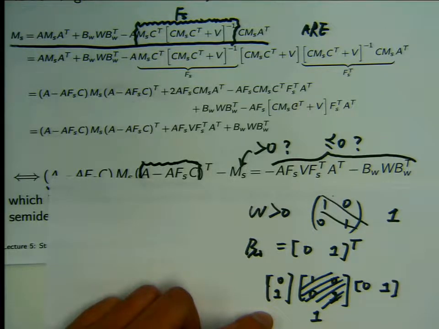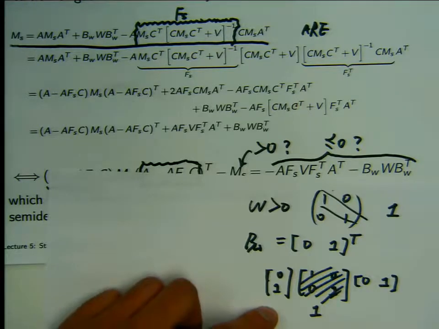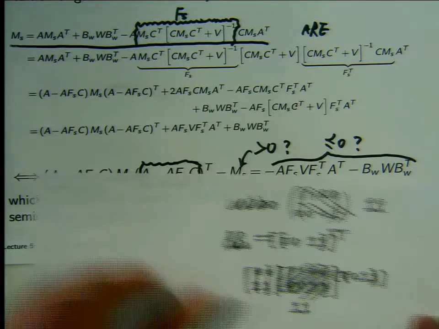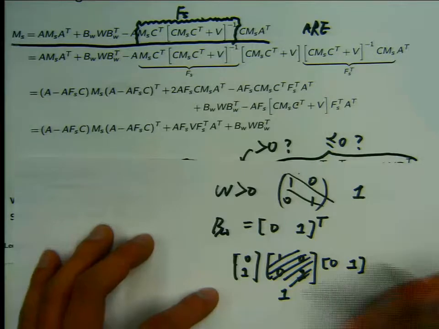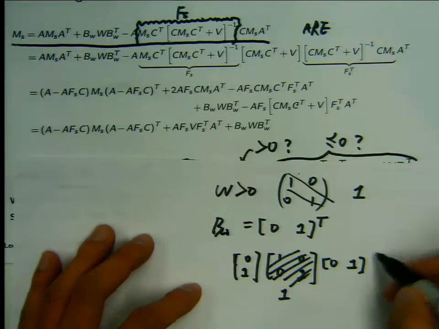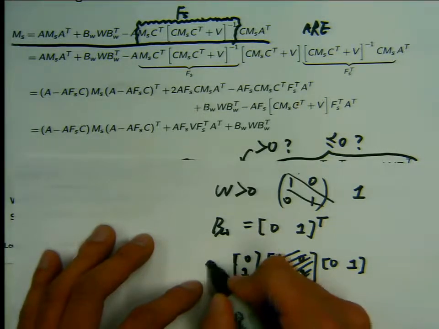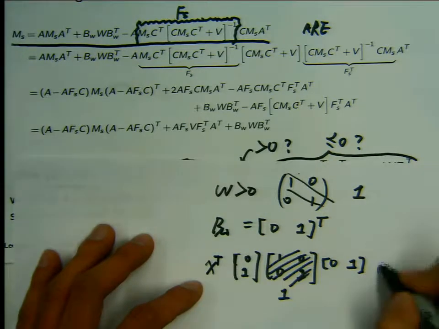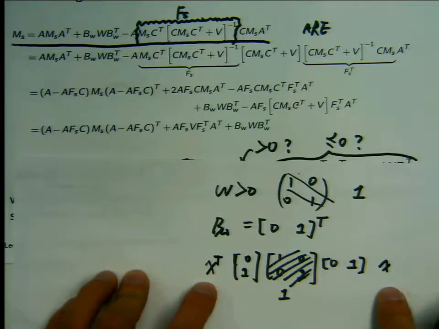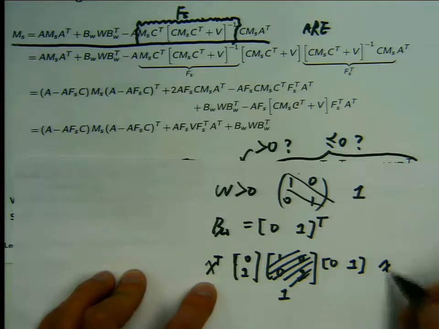Positive definite? This is actually a little bit tricky. Positive definite and positive semi-definite are sometimes very tricky. Positive definite means if I multiply x transpose on the left-hand side and x on the right-hand side, the result has to be positive regardless of any x, right? Now, what if x is, let's say, 1, 0?